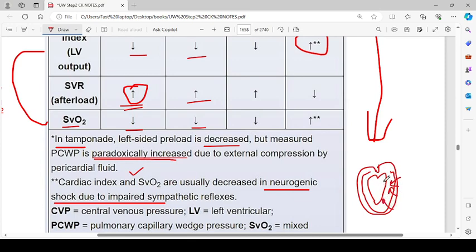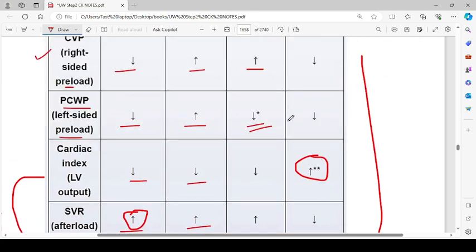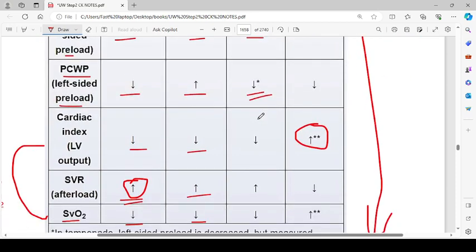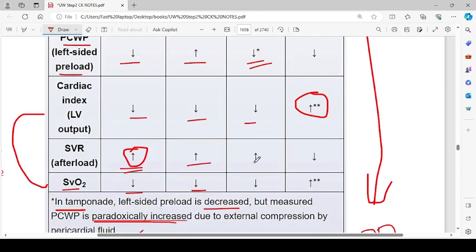Although the blood is not present in the left atrium to a certain extent, or the preload is decreased, because of this external pressure, the pulmonary capillary wedge pressure is measured to be increased in tamponade, but normally it is decreased. Cardiac index will be low. Systemic vascular resistance will be increased because of sympathetic vasoconstriction, and SvO2 will decrease.